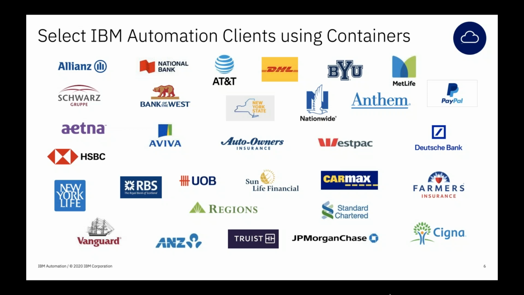Also, some clients on here who are named references, HSBC. HSBC is running FileNet natively on the Google Cloud platform. Now, obviously, we'd love for them to do it on IBM and use Red Hat, but we're indiscriminate on that in terms of how you can leverage the content capabilities that we're talking about here today. And they say that their time to upgrade and patch a FileNet system has gone from weeks to a month to days.